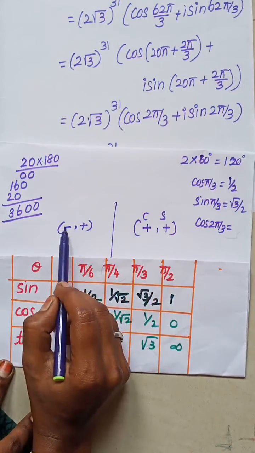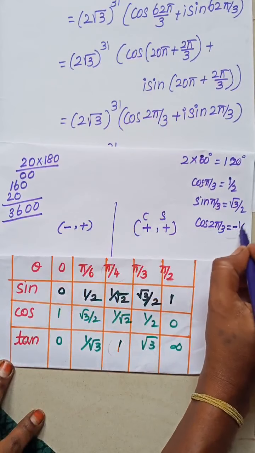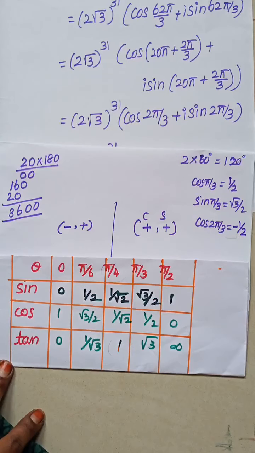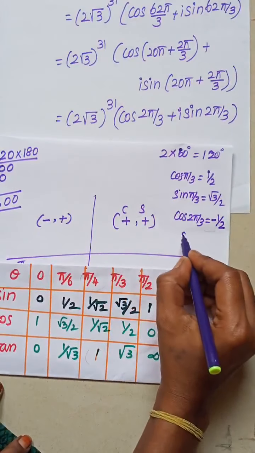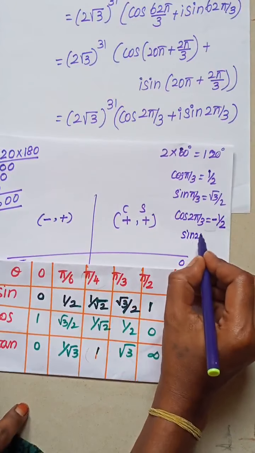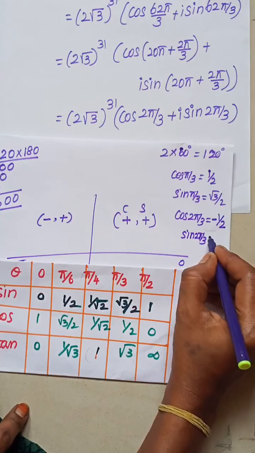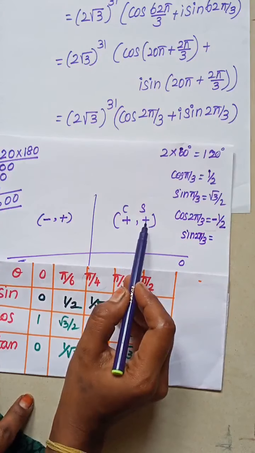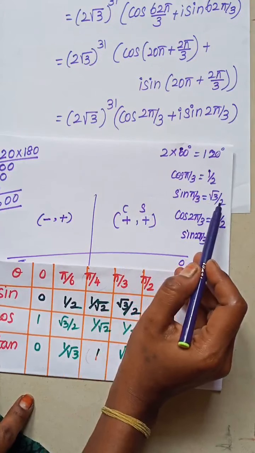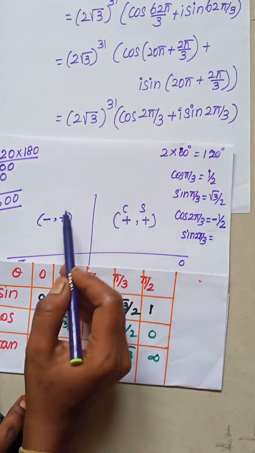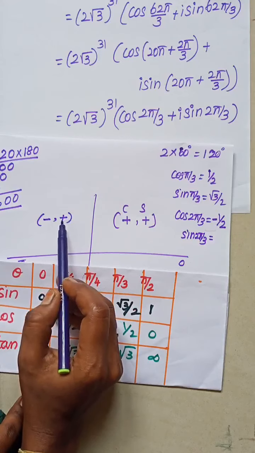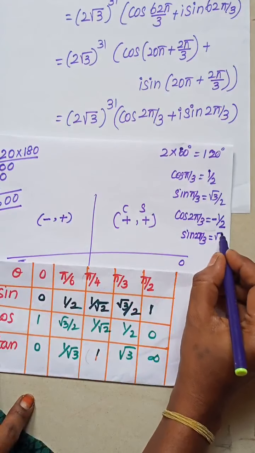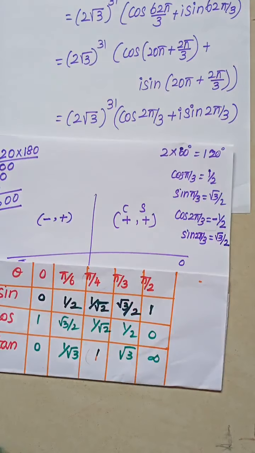Cos 2 pi by 3 lies in the second quadrant, so write it minus 1 by 2. And similarly for sin 2 pi by 3, sin pi by 3 is plus root 3 by 2. In the second quadrant, sin 2 pi by 3 value is also positive, so write it as usual, root 3 by 2.